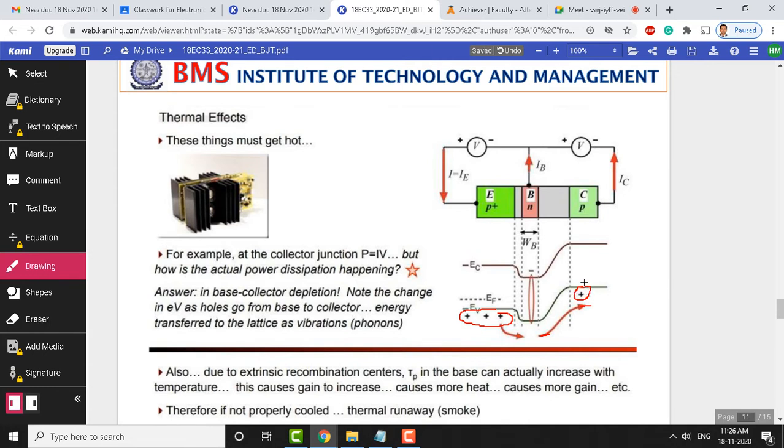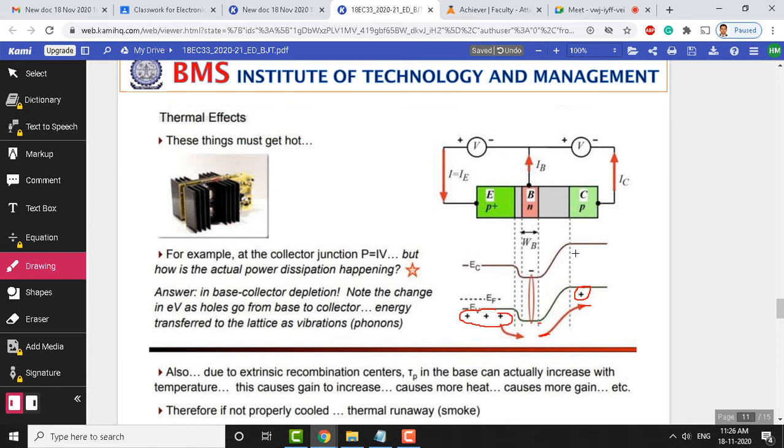Now, if most of the holes dissipate a lot of energy in the collector base junction, and if we do not design a proper heat dissipation material here, then it leads to a problem called thermal runaway, because this effect becomes cumulative, and at one point of time when excess heat is generated, if it is not removed with proper measures, then definitely we are going to lose this collector base junction, and the transistor is going to stop its operation.